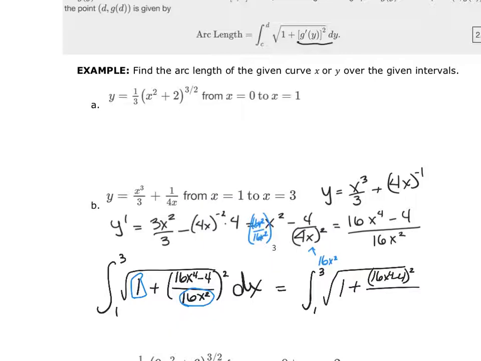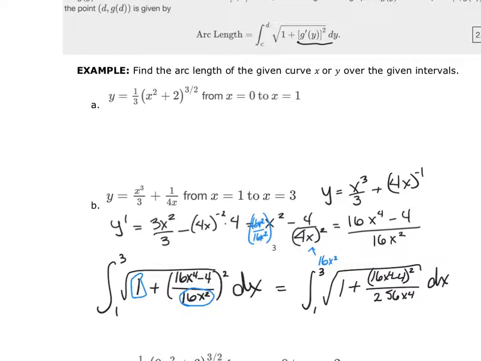So I'm going to take the squared part first, and I end up with my calculator out and do 16 squared. So 16 squared is 256x to the 4th. Now, mostly at this point, it's just the algebra that I need to do.